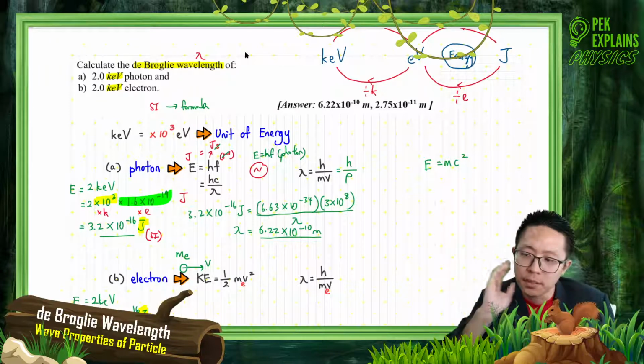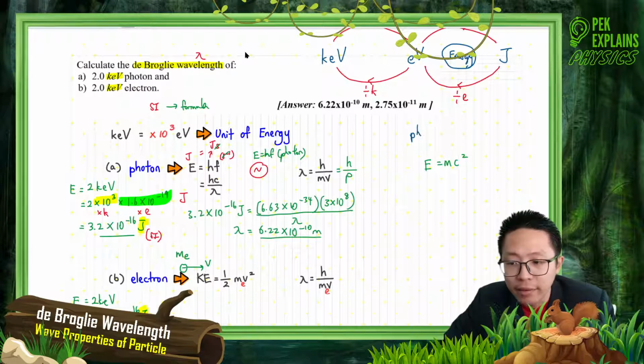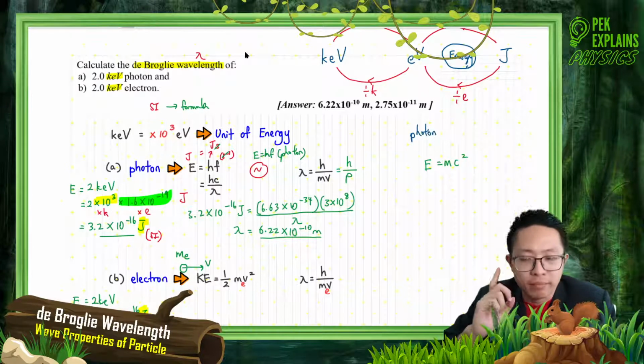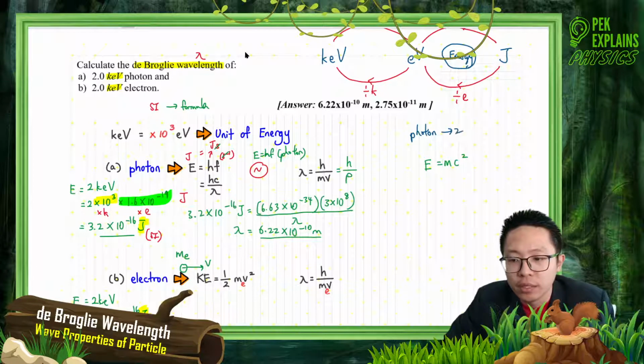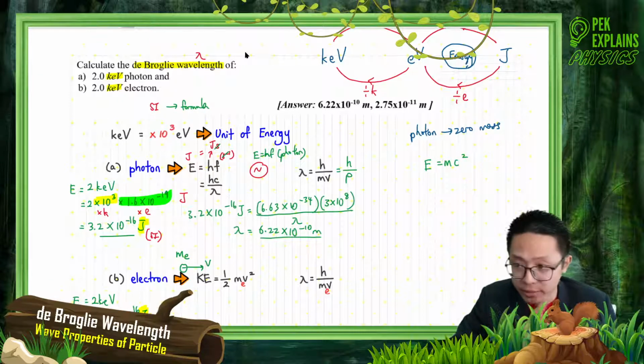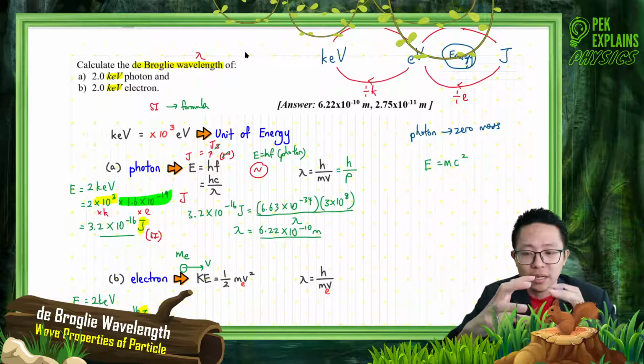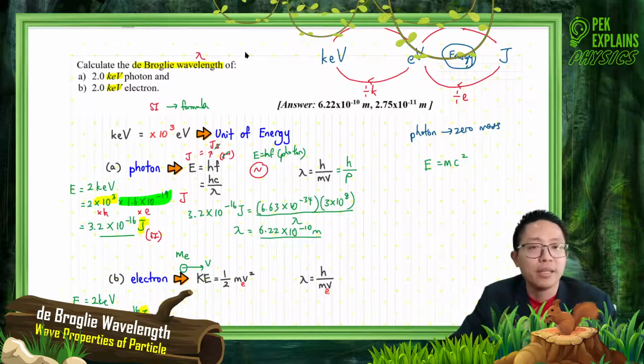So you ask me, does a photon have a mass? The direct answer is the photon has zero mass. Although it has zero mass, it is a bundle of energy. It doesn't have mass, but it has energy.